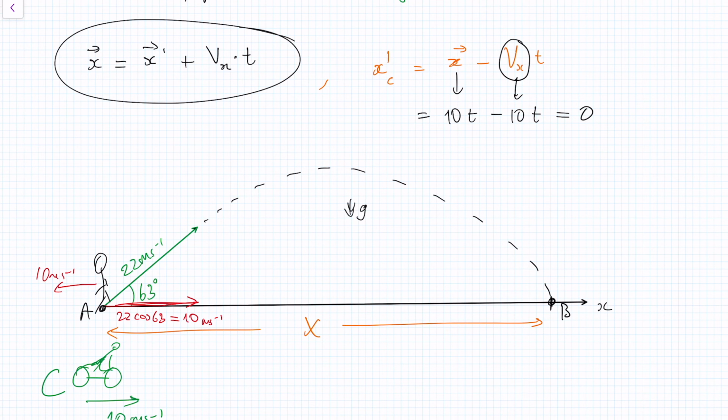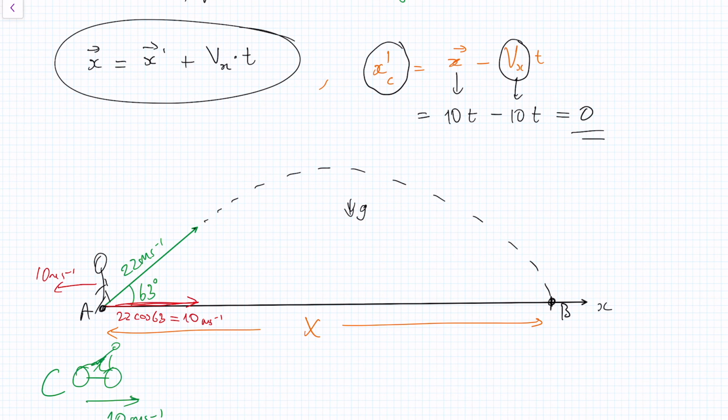In short, the horizontal position of the projectile with respect to the cyclist is just 0. Horizontally, this ball is not moving with respect to the cyclist. So we see the consistency between our intuition and the Galilean transformation.